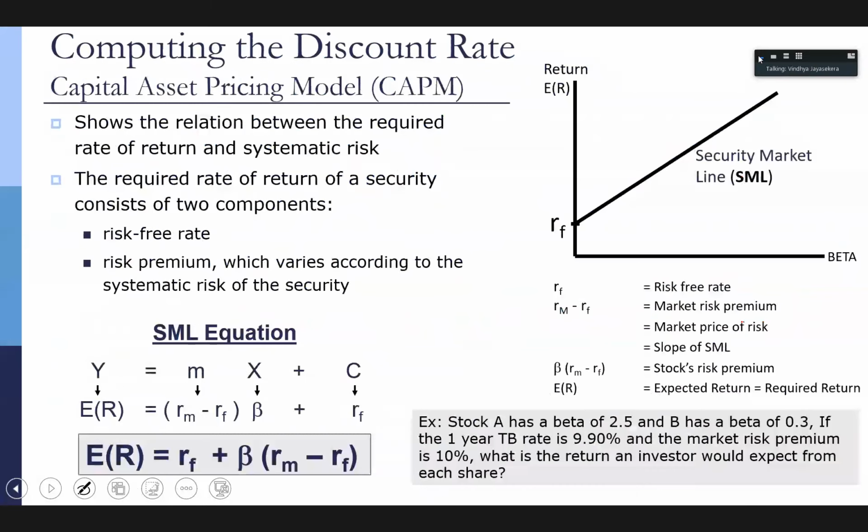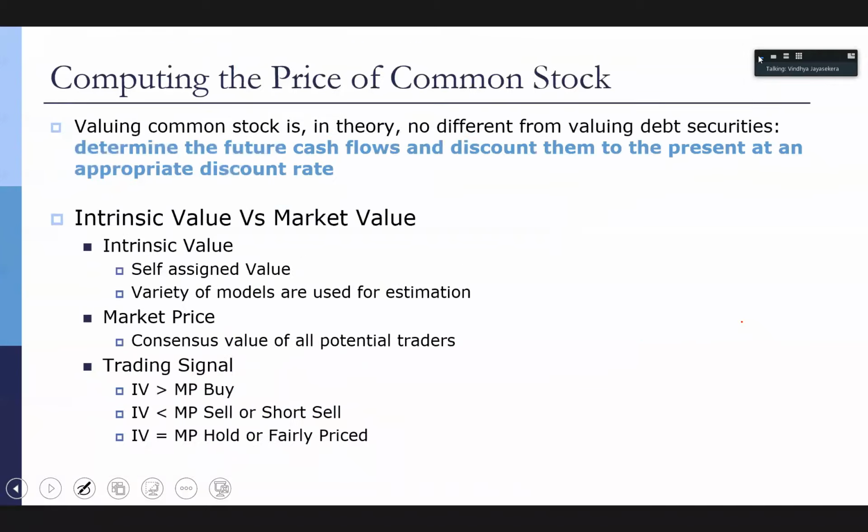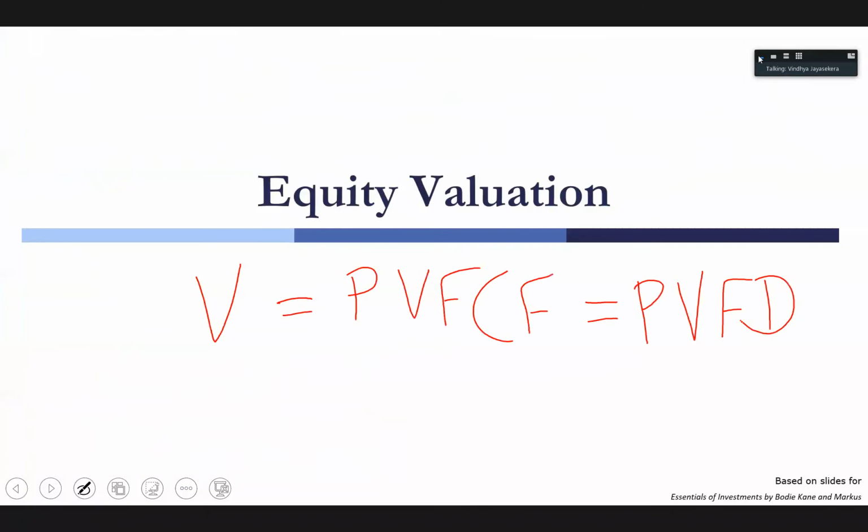We spoke about, in this context, when we said present value of future cash flows, dividends or whatever we're talking about, what is the discount rate that we're going to use? This discount rate, we call it a required rate of return.